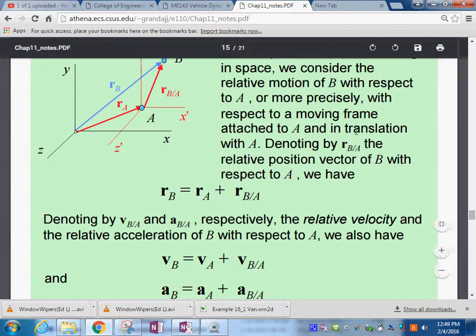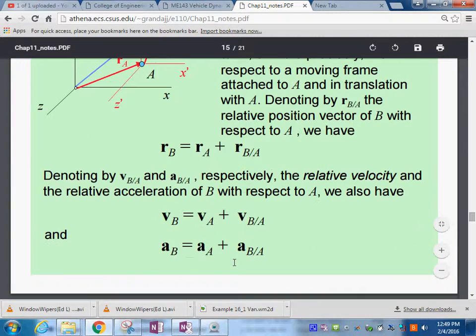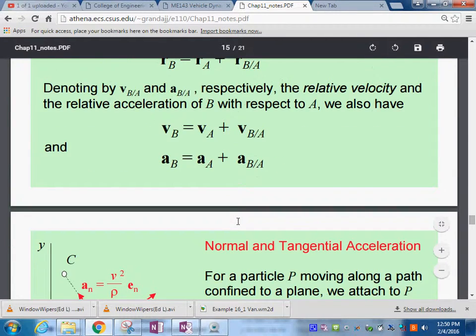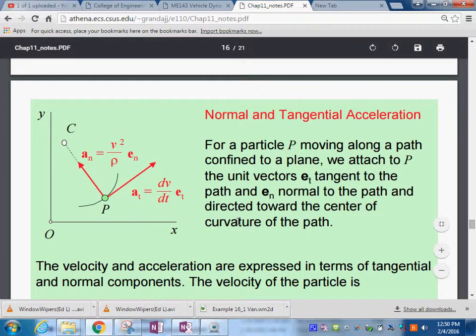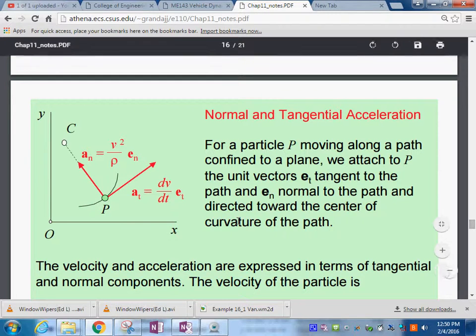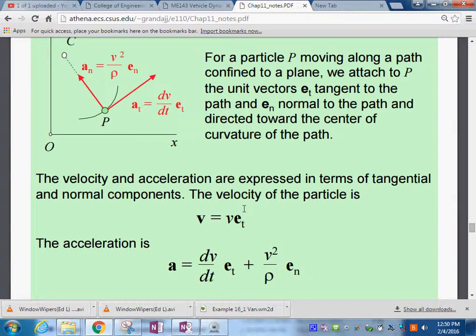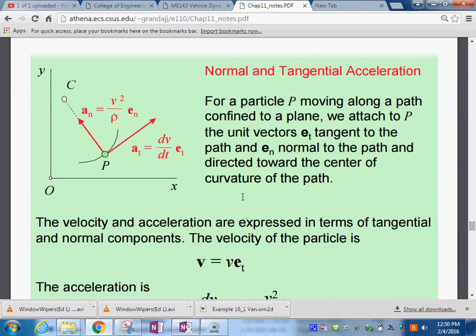It's important to understand what it means. Great. So in here for the rotational we could do a normal and tangential acceleration.